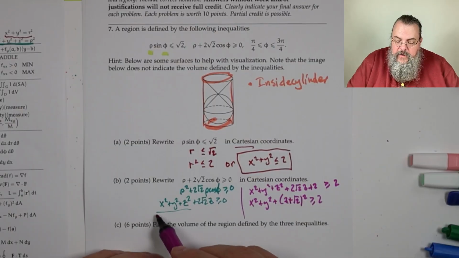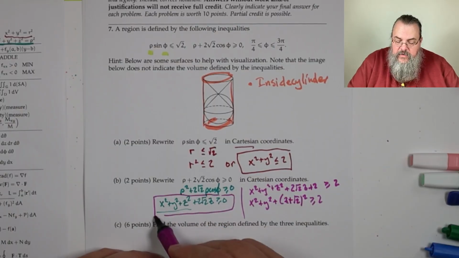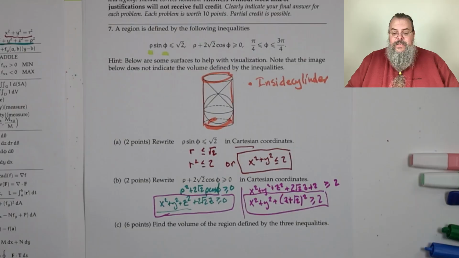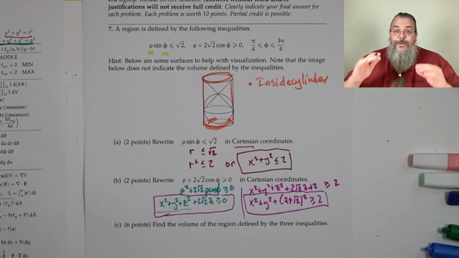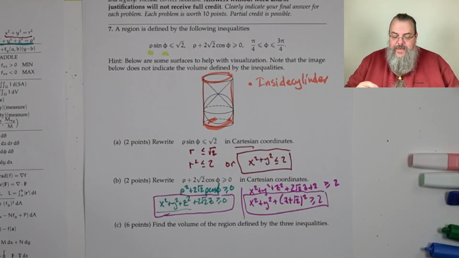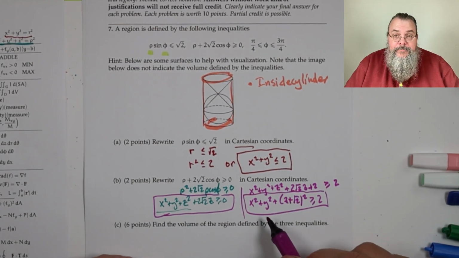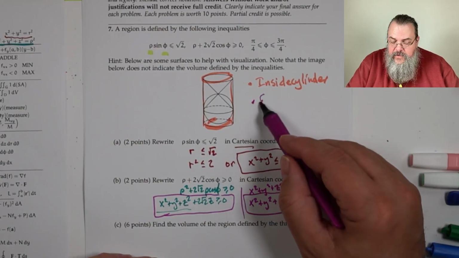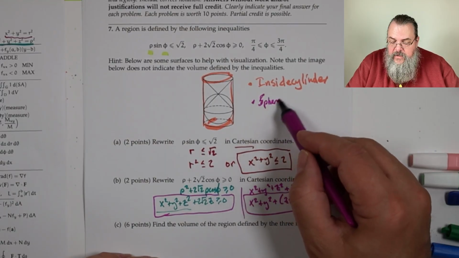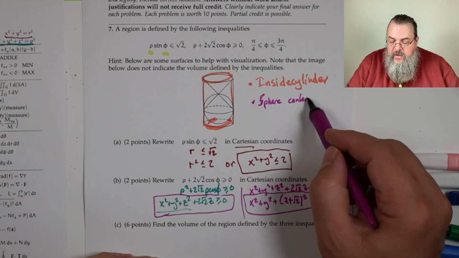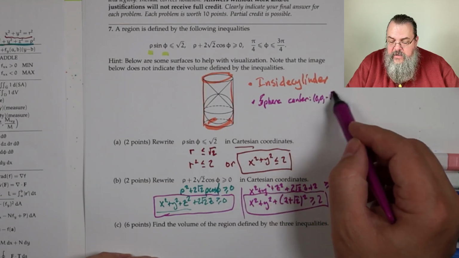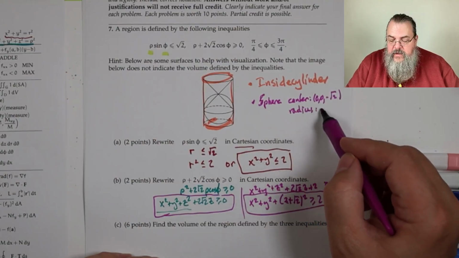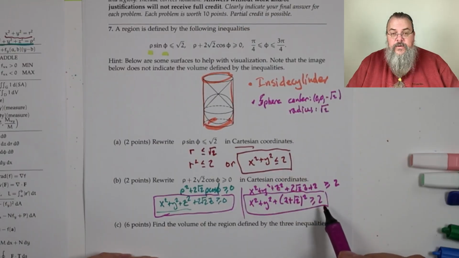Now, I will point out the earlier form is a correct answer, and this is a correct and more useful answer. So both get full points. What is it saying? Well, it's a sphere. Where's the center? The center is at 0, 0, minus root 2, and the radius is root 2. Just take the square root.